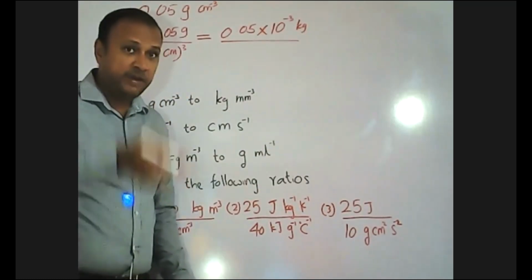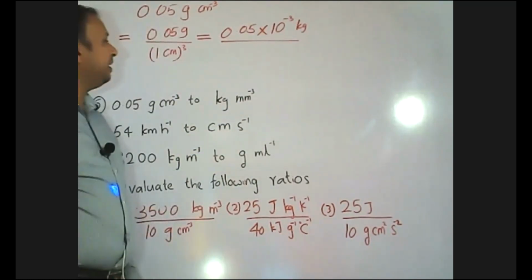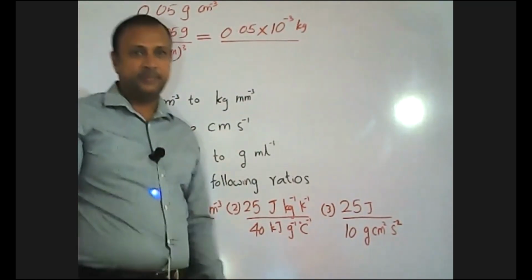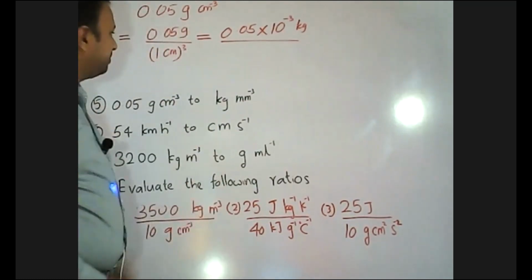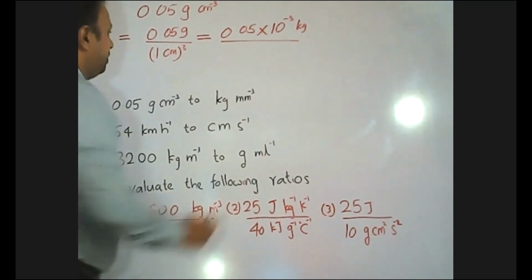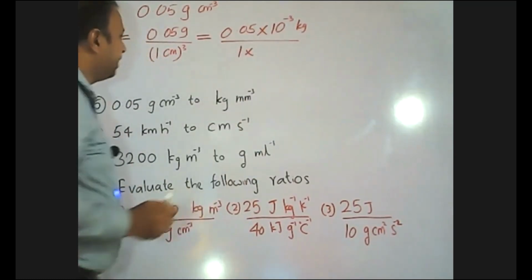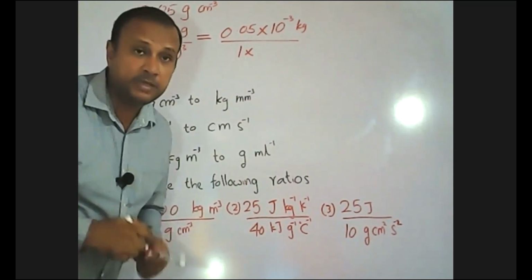If you want to convert a larger scale into a smaller scale, you have to multiply by the ratio between them, the ratio between millimeter and centimeter.